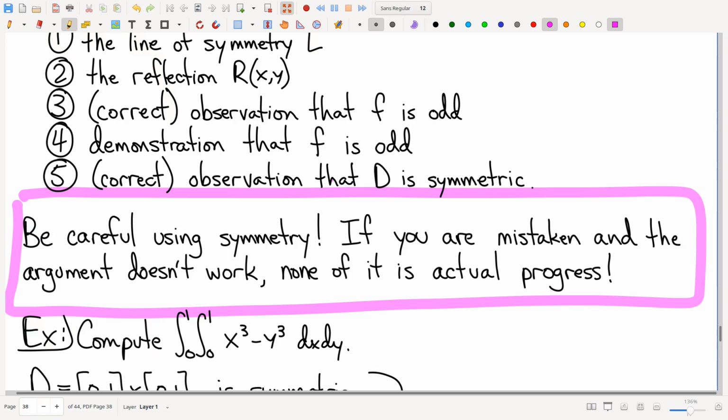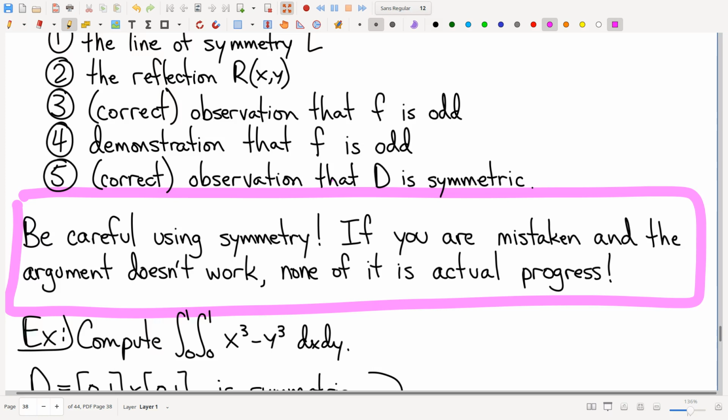So if you're just a little too careless about it, and if you write down a bunch of stuff and oops, one of them fails, then you will be fooling yourself into believing that there's a symmetry argument that isn't there. Nothing that you've written down on the paper is actually progress toward a solution, and it's really, really hard in a situation like that to get partial credit because nothing is actual progress.